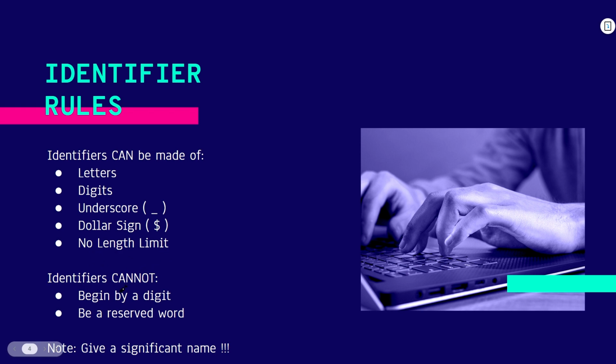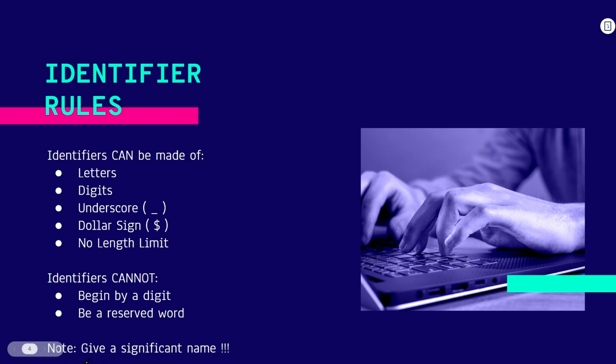However, identifiers cannot begin with a digit and cannot be a reserved word. In the next slide, we're going to look at what a reserved word is, but for now, please remember that identifiers should not begin with a digit and should not be a reserved word.